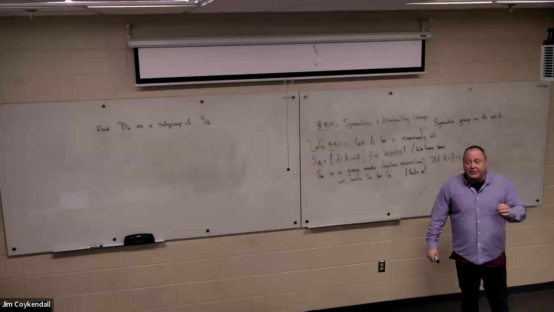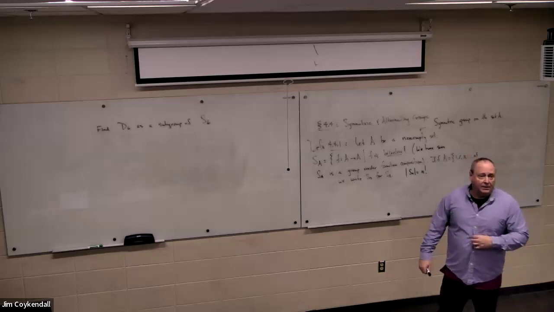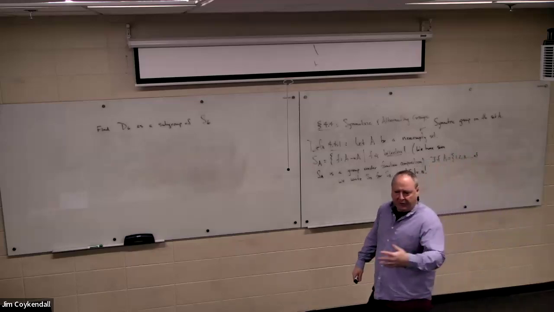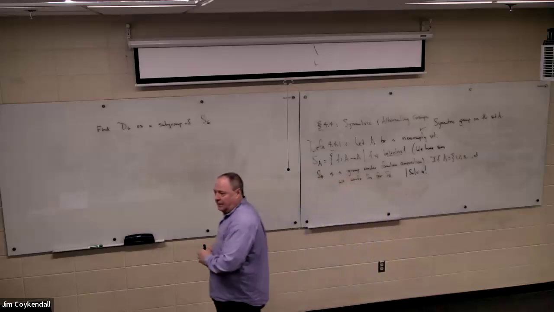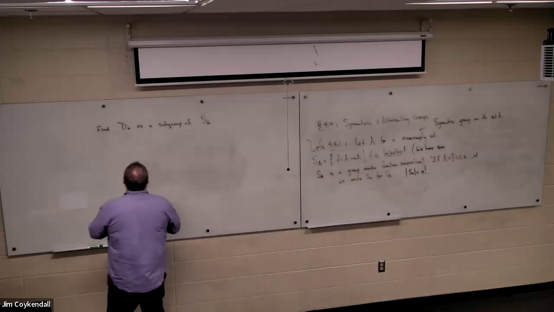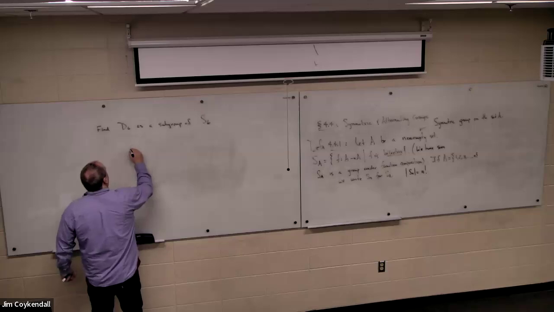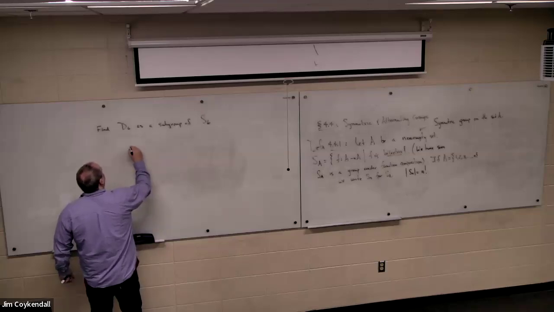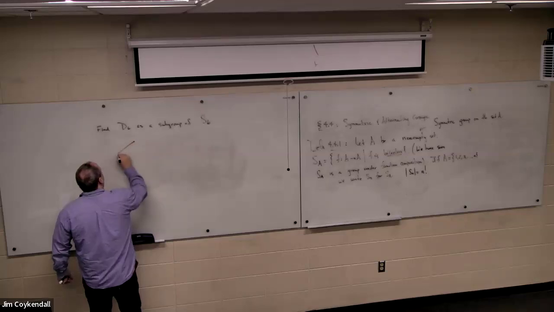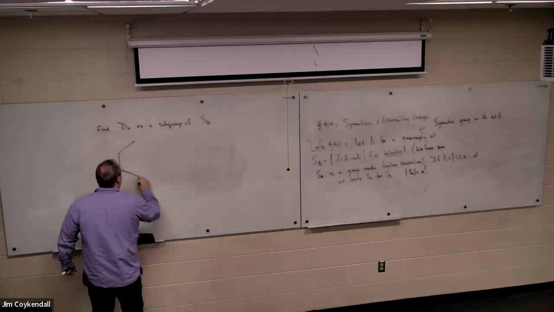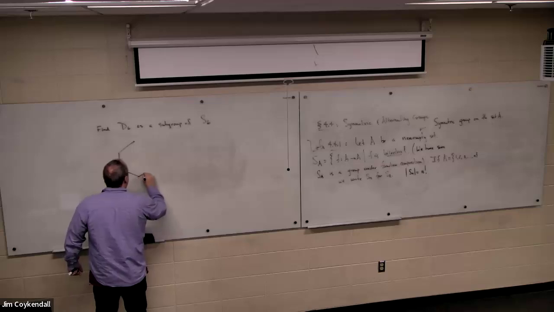How many elements does D6 have? Just 12, right? It's the symmetries of the hexagon, right? Let me draw it. I'll draw it this way. It's easier for me to draw a hexagon this way, I guess.